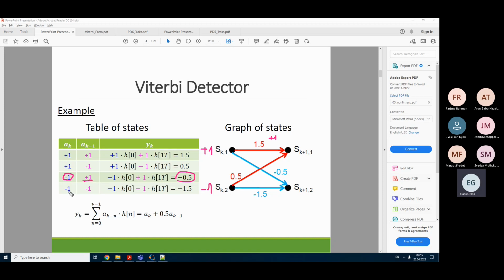The same way goes for working from the state -1. This is our previous state. If we send value -1, then we transition to state -1 and send value -1.5.